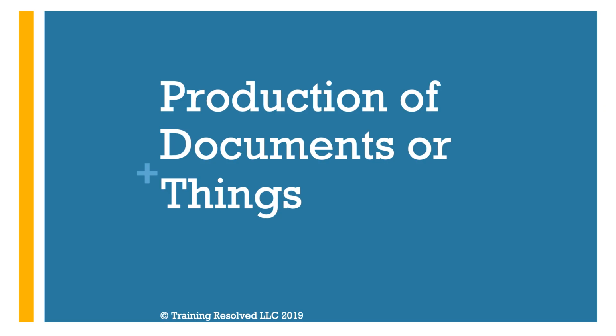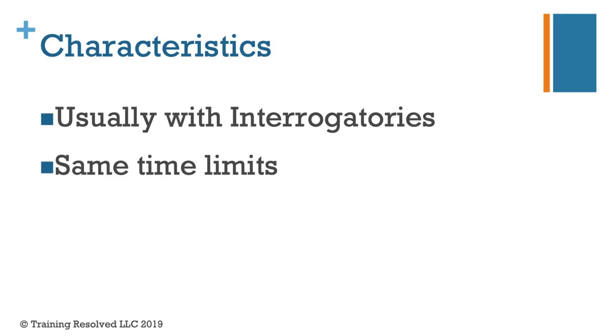Production of documents or things. Let's talk about it. Each side is allowed to ask the other side to produce documents or to produce things, just like it sounds. Production of documents and things normally goes hand in hand with interrogatories. Let me give you an example.